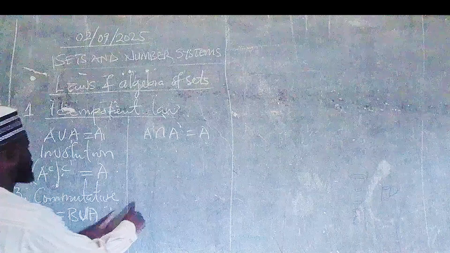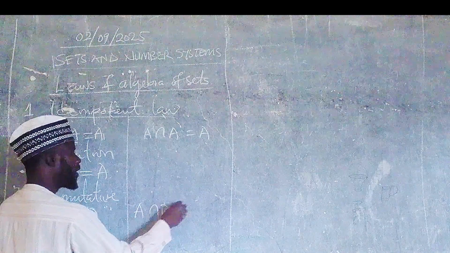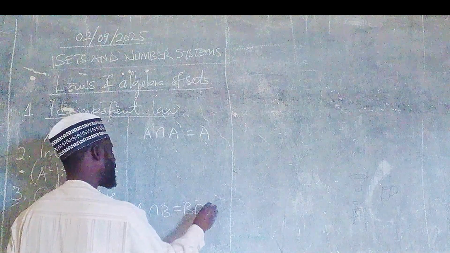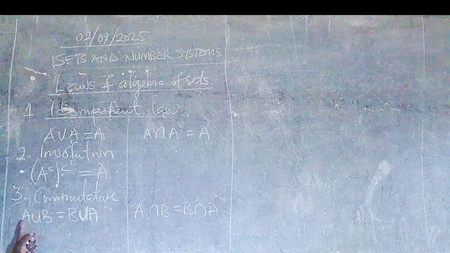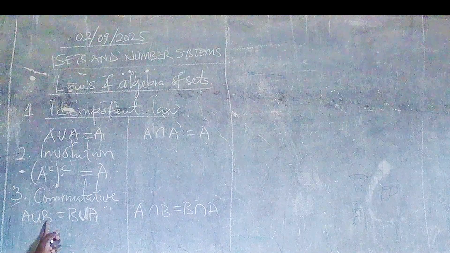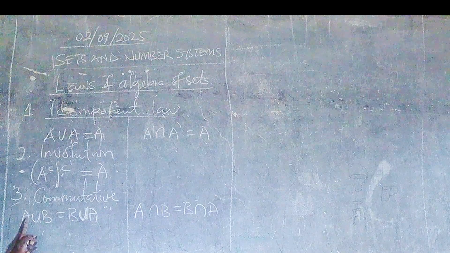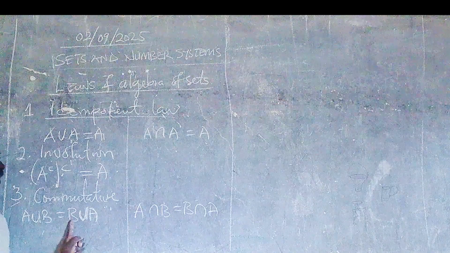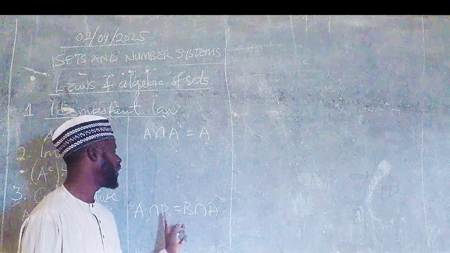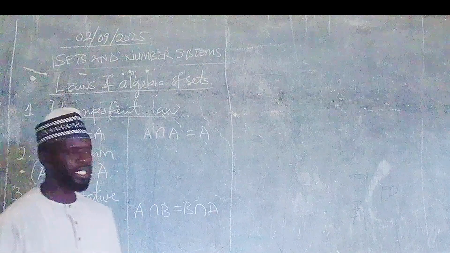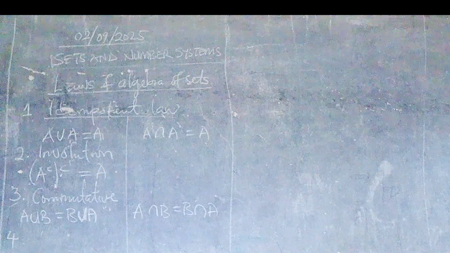Similarly, if you have the intersection of two sets A and B, it doesn't matter whether you start intersecting with A or with B. So if A and B are two sets, then you can state the union as A union B, or as B union A. Likewise, their intersection can be A intersection B or B intersection A, it doesn't matter. So that is the commutative law.